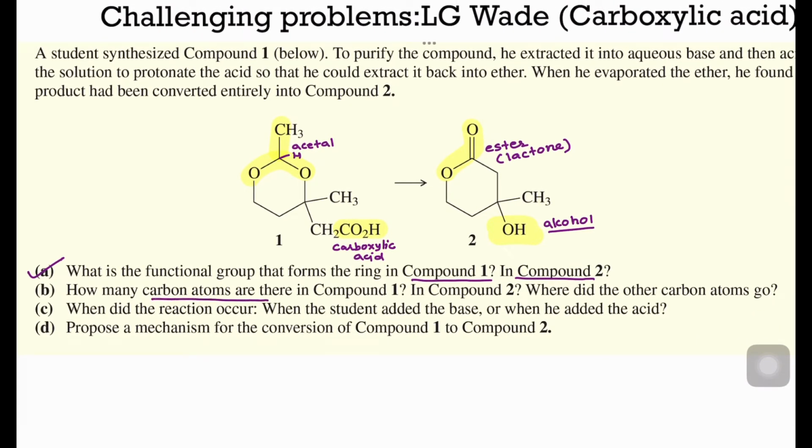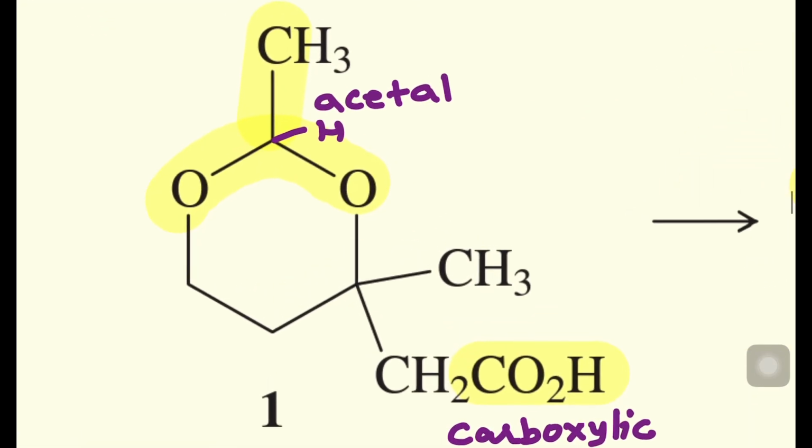How many carbon atoms are there in compound 1 and in compound 2? Where did the other carbon atoms go? So if we see compound 1, the carbon atoms are present at this position 1, 2, 3. This one is 4, this one is 5, 6, 7 and 8.